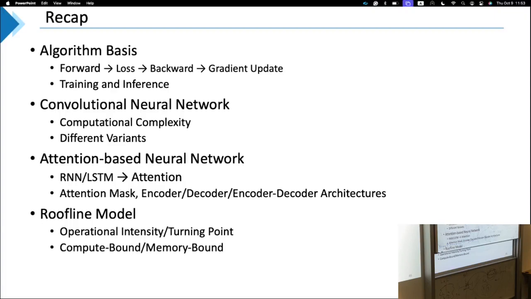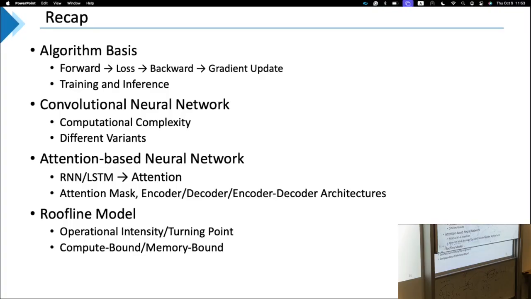Then we scaled this single neuron to a massive number of neurons to form one neural network layer, and stacked multiple layers together to form deep neural networks. We also helped you understand how to calculate the flop counts.